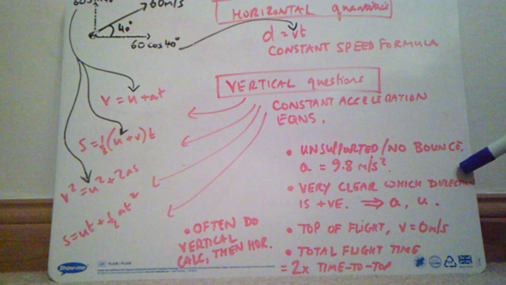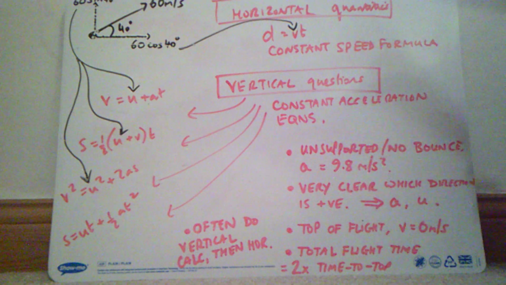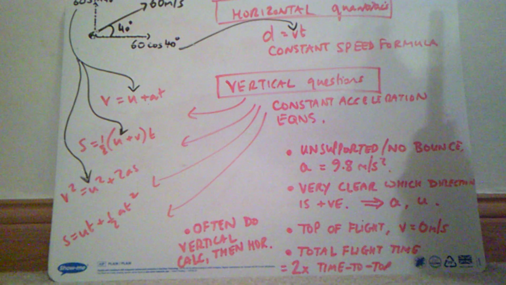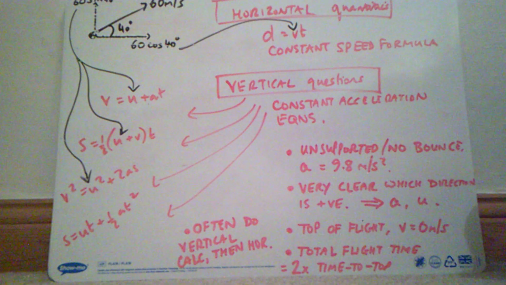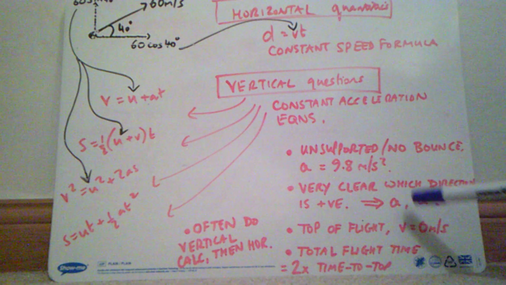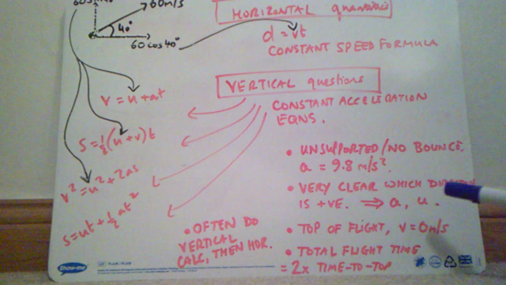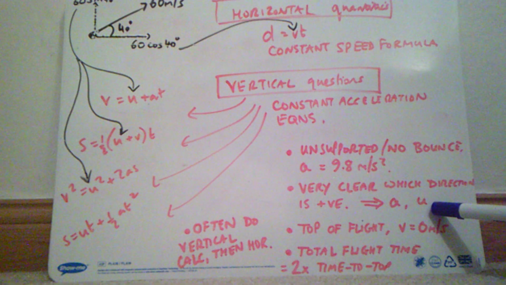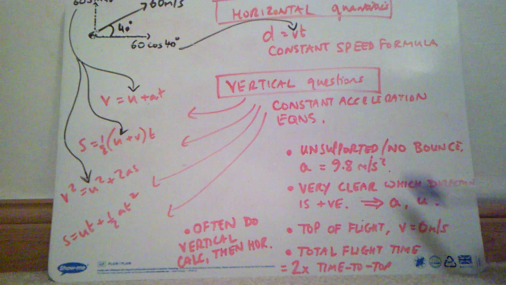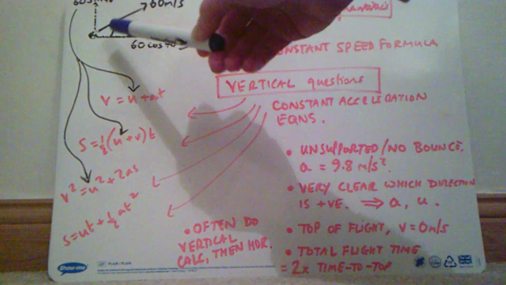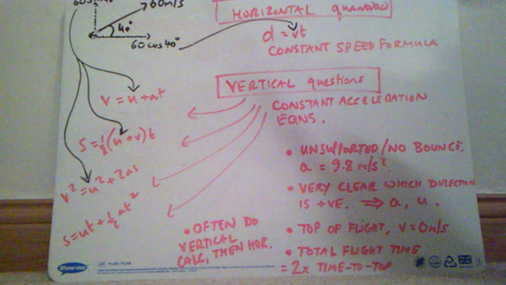Be very clear on which direction is positive. You might take upwards to be positive, you might take downwards to be positive. If you take upwards to be positive and the thing is doing this, then okay, u is going to be positive. So if we're talking about vertical stuff, then u is going to be positive 60 sine 40.